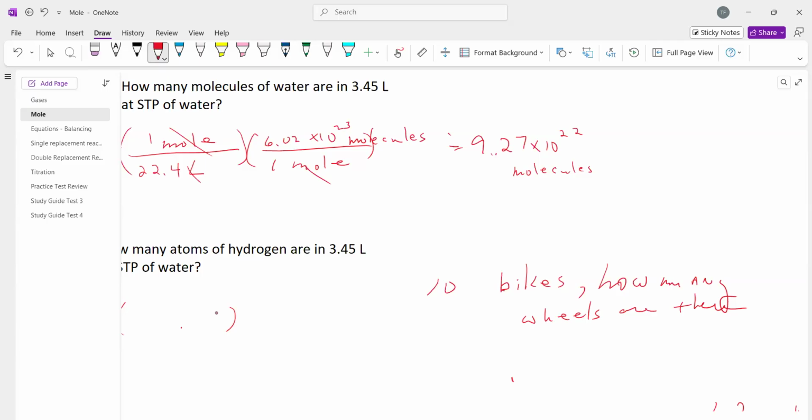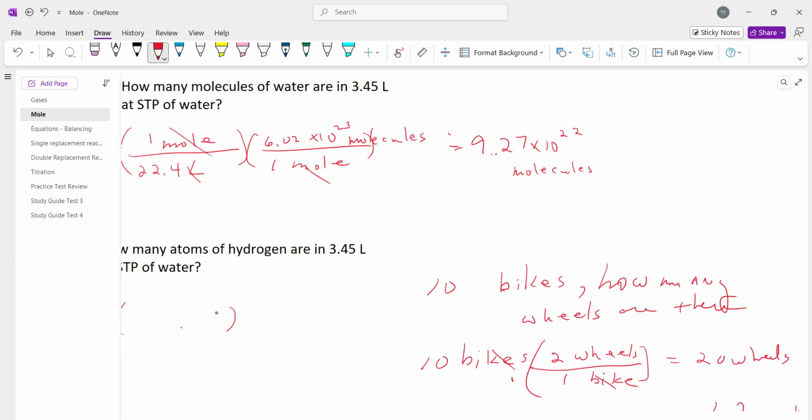Bicycles have two wheels. Right, so you have a conversion factor of 2 wheels per bike. So we have 10 bikes. In our normal fashion here, bikes cancel. These are the wheels, so 2 times 10 is 20 wheels.